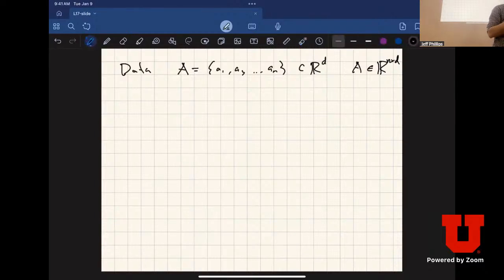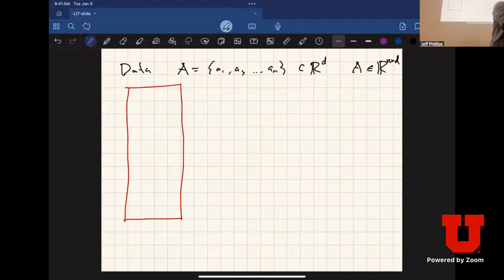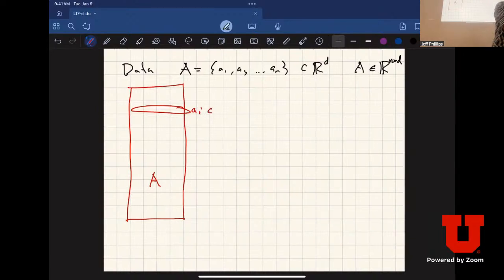We're in the situation where we think there's a lot of data, and we want the dimensionality to be lower. We can think of A as this rectangle, and any row A_i is one of these data points, which is a row vector in R^d.